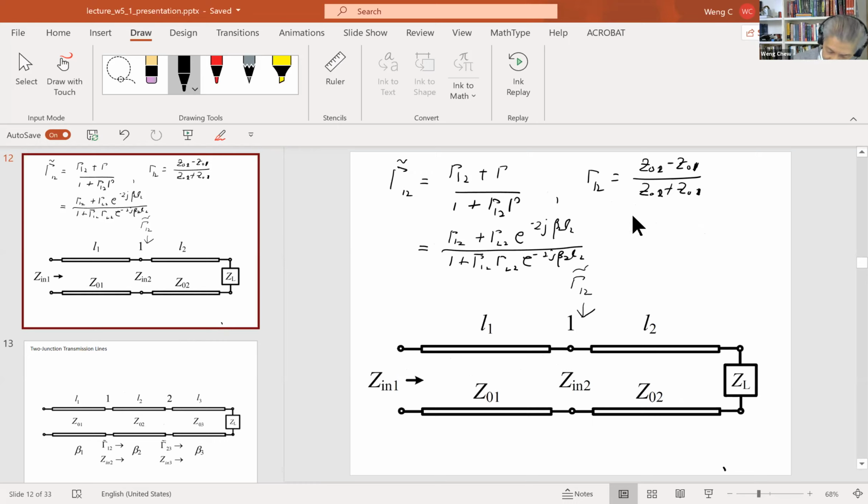Sorry, this is gamma 1, 2. Let me write. Gamma 1, 2 is just the reflection coefficient at this end over here. Gamma 1, 2 is called the local reflection coefficient.